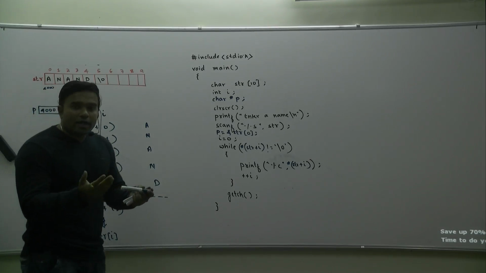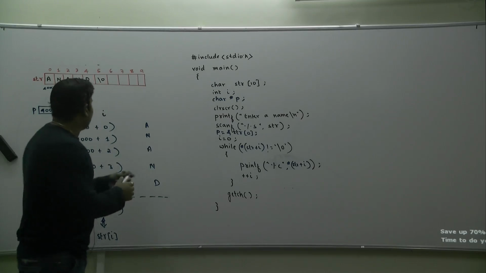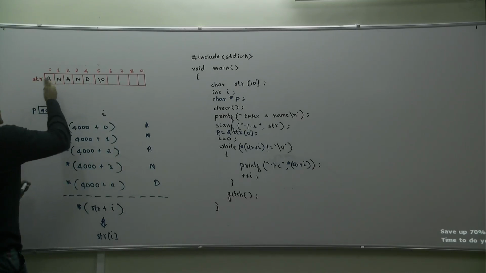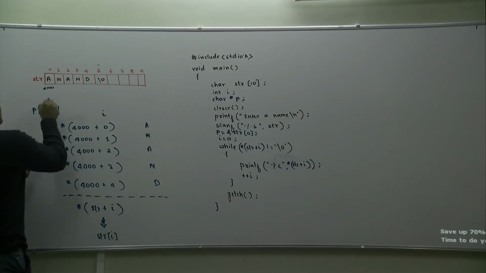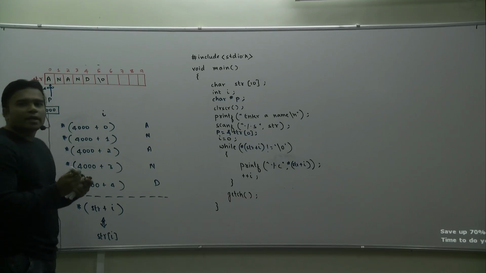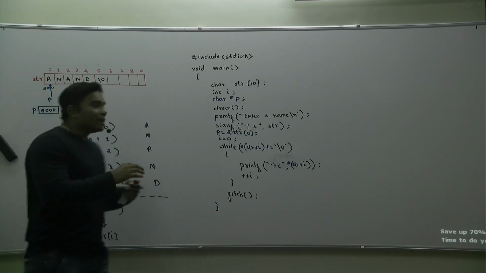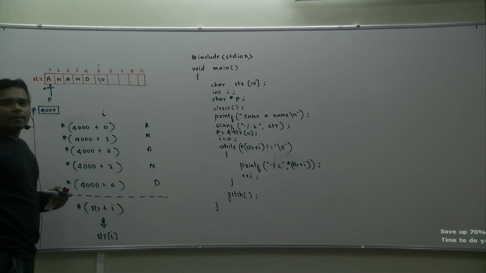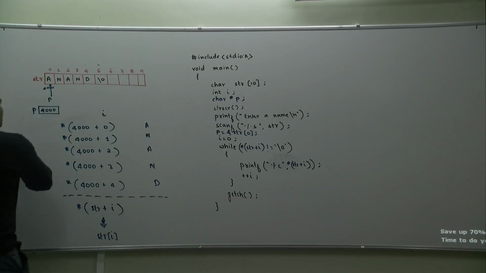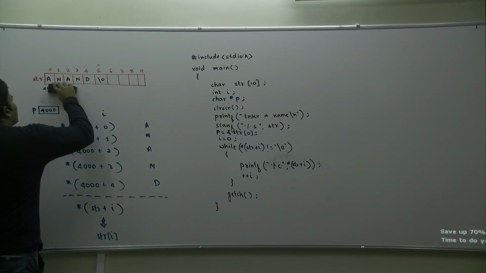All these days, instead of showing 4000 here and 4000 there, I used to draw p and tell that it is pointing to 4000. The meaning is that this address is present in p. Anyway, today I won't use this arrow representation at all.